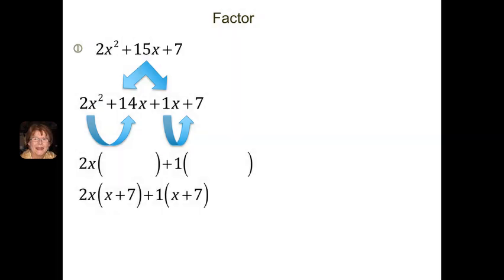You're going to divide those two terms, 2x and positive 1, into these expressions here. So 2x squared divided by 2x is x, and 14x divided by 2x is positive 7. When I divide positive 1 into those two terms, I will get x plus 7.